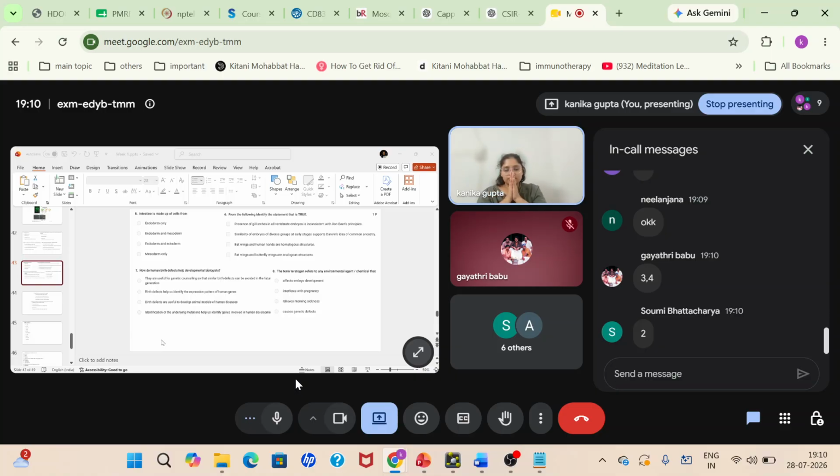Somi, Shalini, it is more than one statement. So go through the question once more and tell me which statements are right.